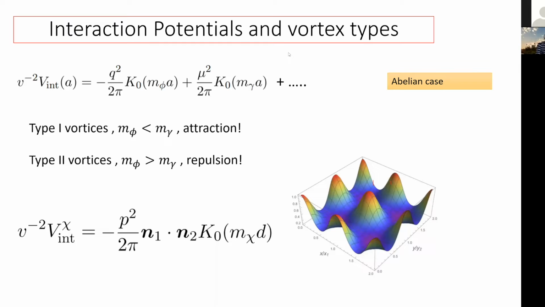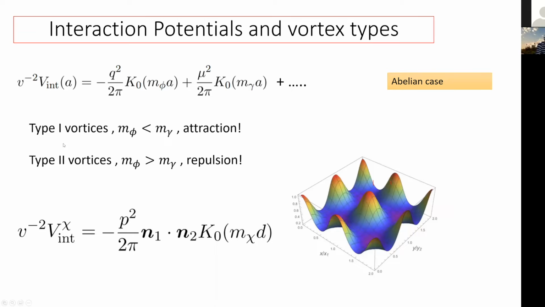Note that here I've added dots because this is only, of course, a leading approximation to the far field region, and one wants to include also subleading terms, and subleading terms are actually extremely important for our discussion. But I will not show you this. I'll just show you the result of including these subleading terms in our discussion.